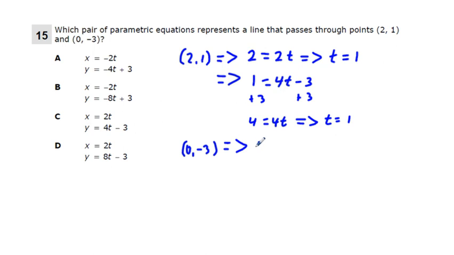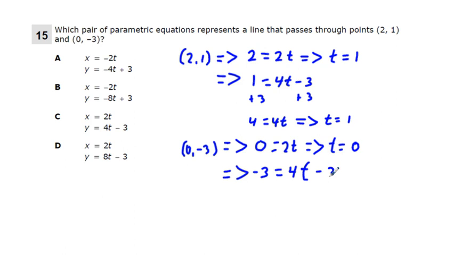And then if we put in -3 for the y equation, we say 4t minus 3, and we add 3 to both sides, we get 0 equals 4t, and that translates to t also equals 0. So these are both compatible, so C is our correct answer.